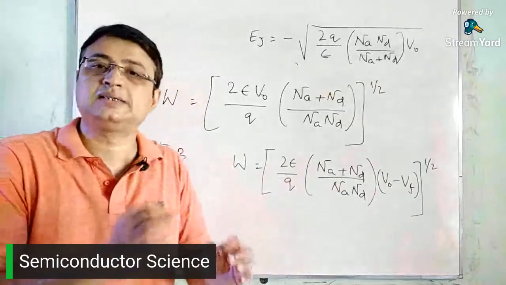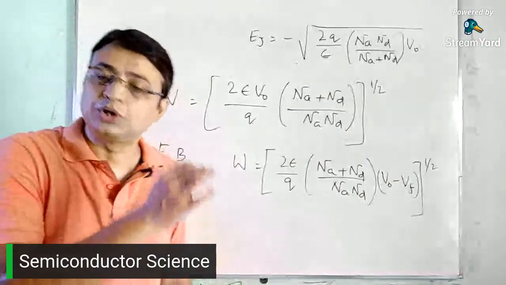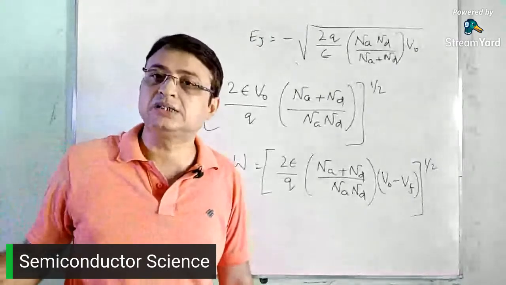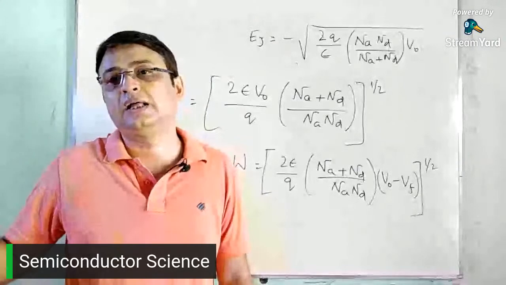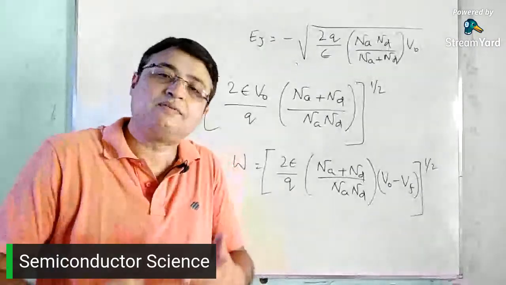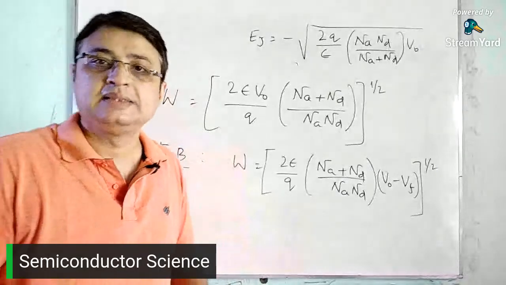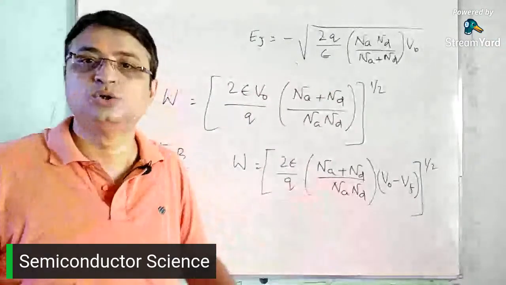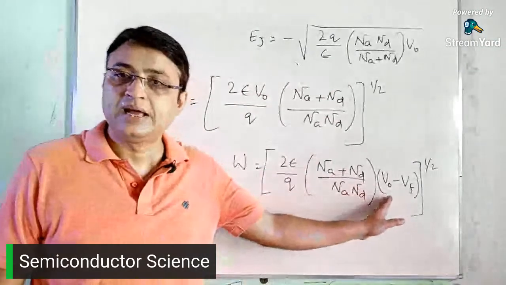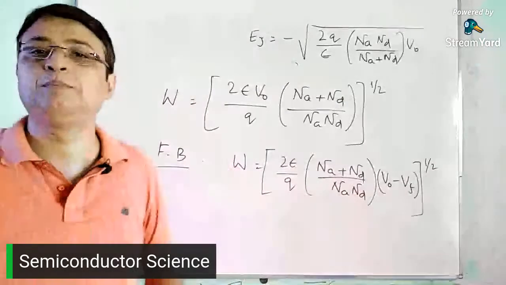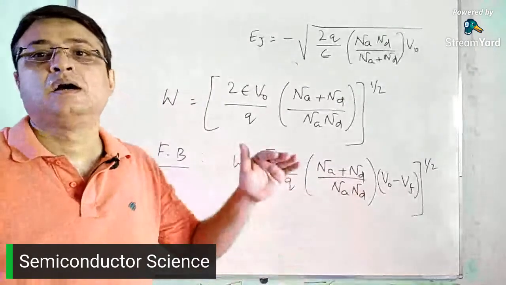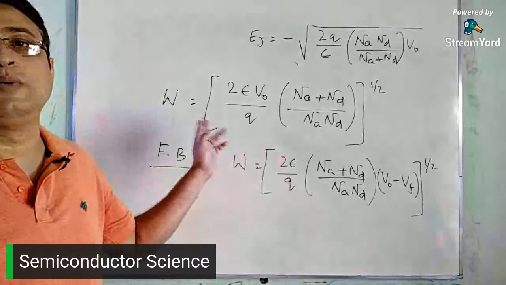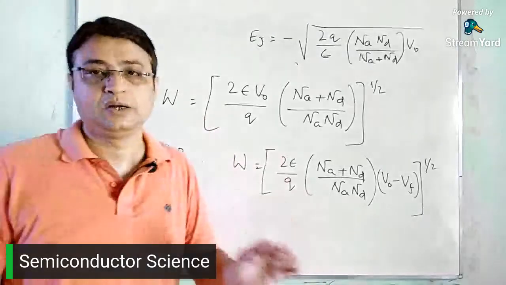The only thing you can change is the potential you apply across the PN junction from outside with the help of a battery. So whenever a forward bias is applied, the electrostatic potential V0 decreases to V0 minus Vf, and as a result the width of the depletion layer decreases with respect to the width of the depletion layer at equilibrium.